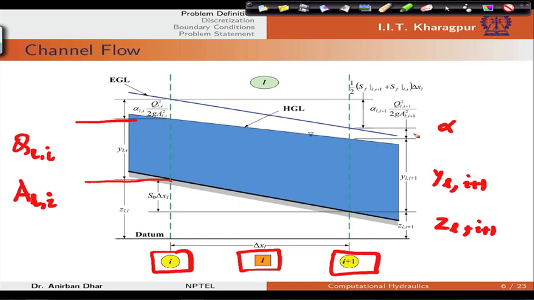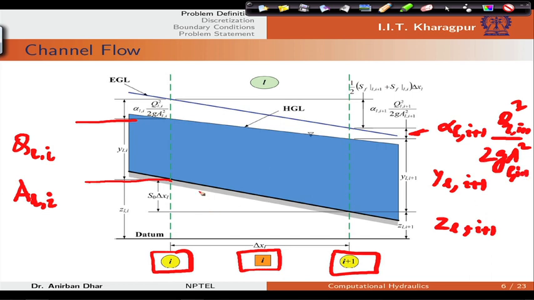In this case we have alpha L I plus 1, Q L I plus 1 square divided by 2 G A square, again A should be at L I plus 1.